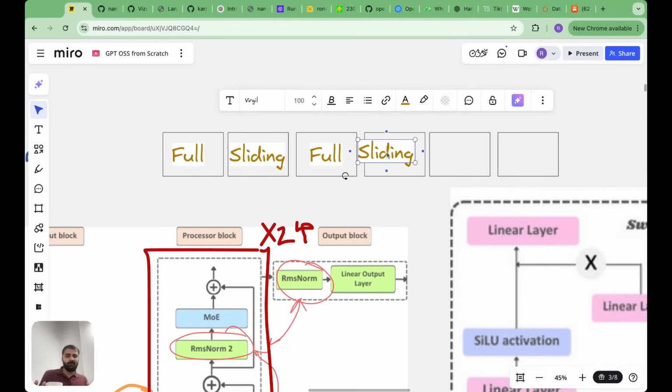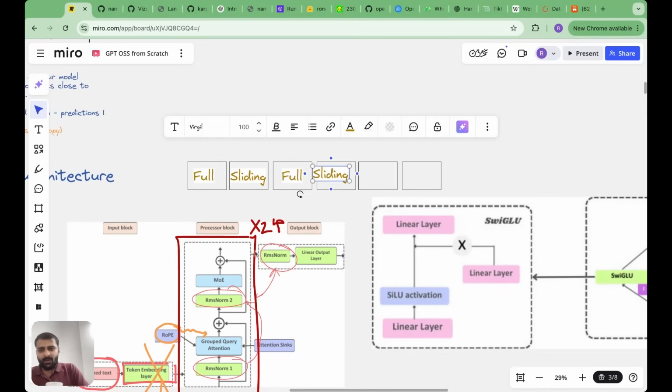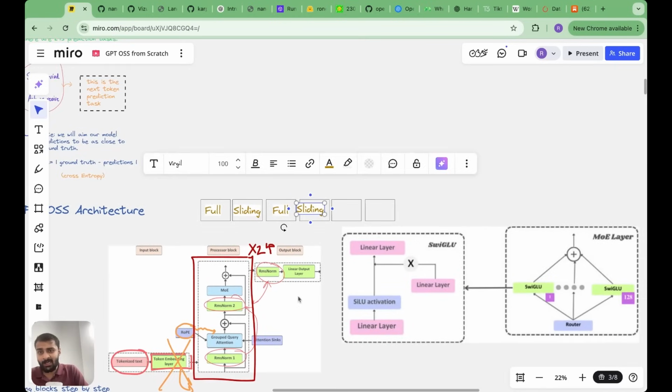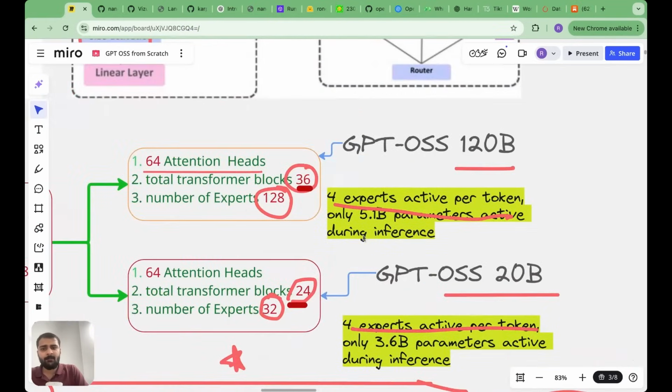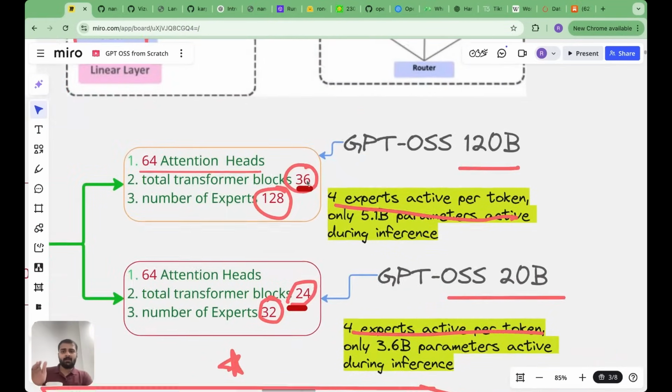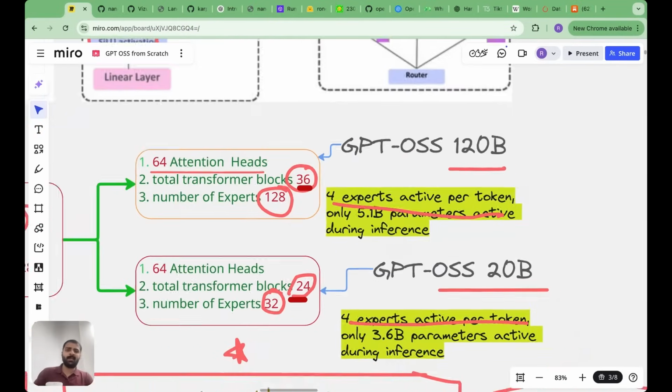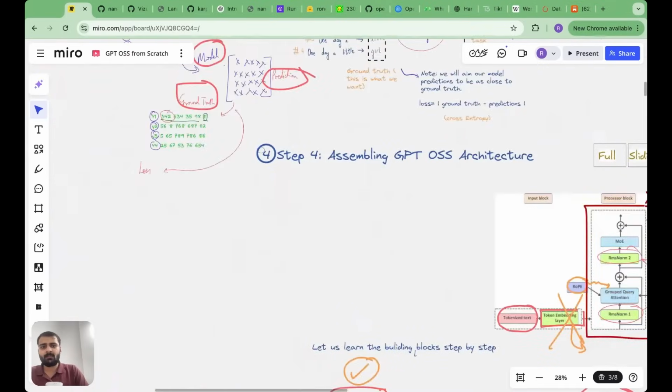So they had an alternate variation, which means for the 20 billion we had 12 full causal attention blocks and 12 sliding attention blocks. And for the 120 billion we had 18 full attention blocks and 18 sliding attention blocks.